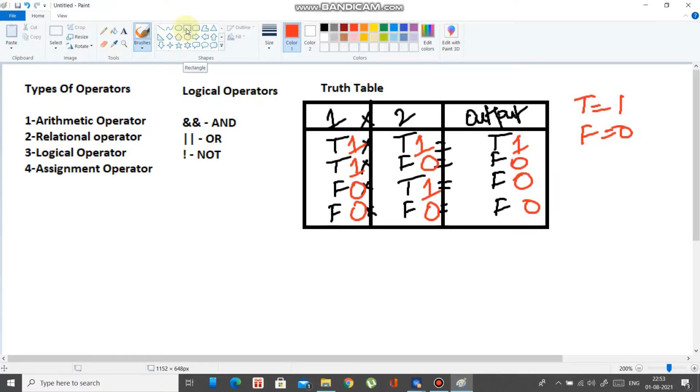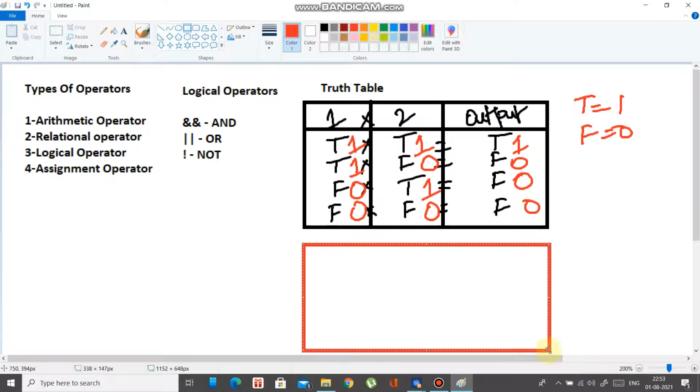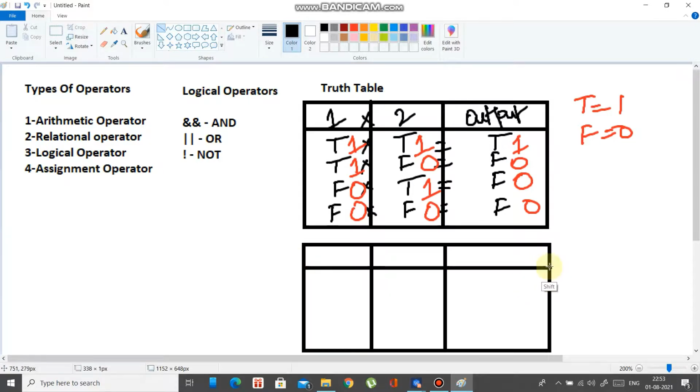Now let's see about the OR operator. In the OR operator, if any one of the inputs is true, then the output will also be true.